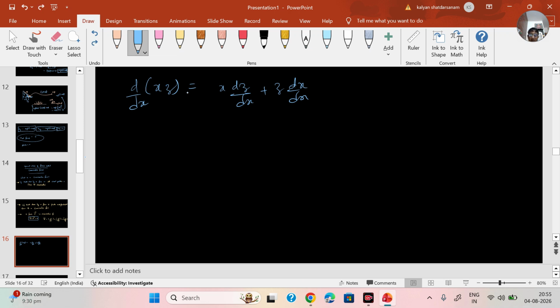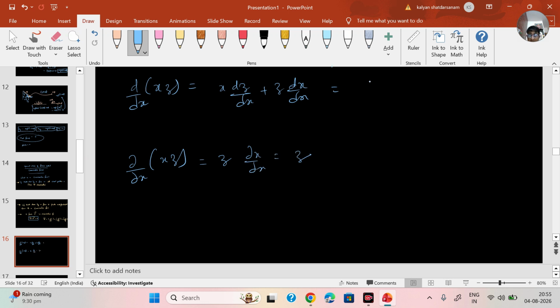This is the complete derivative. But when I say partial derivative, whatever is the variable, only that one will be the variable. Everything else will be treated as constant. So when you use partial derivative, z is no more a variable, it's a constant. So I take it out and I differentiate only x, so it will be z.